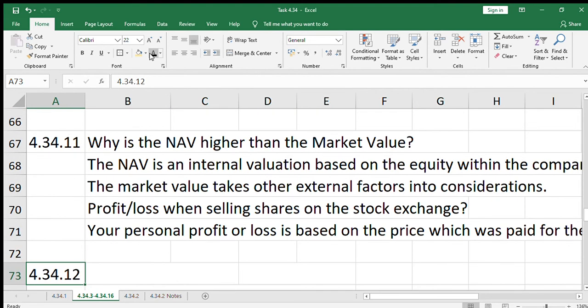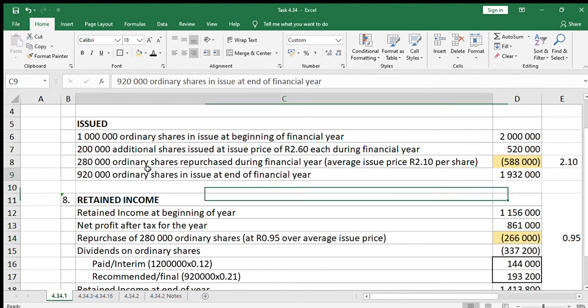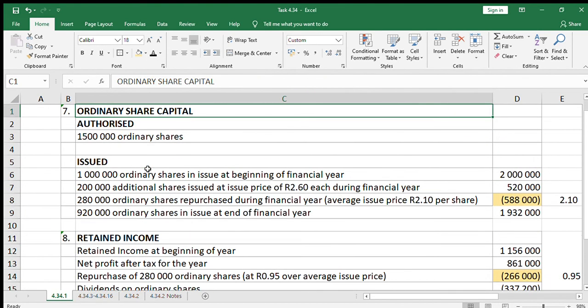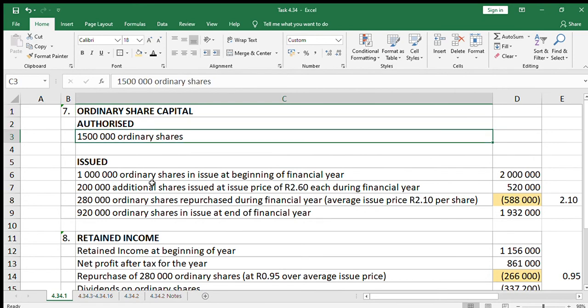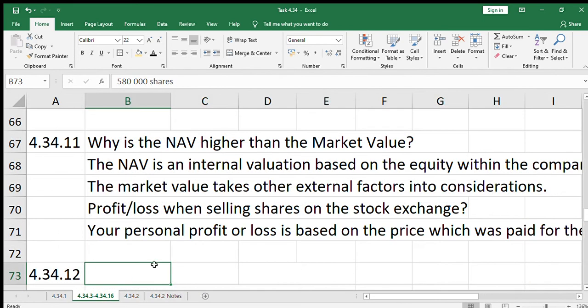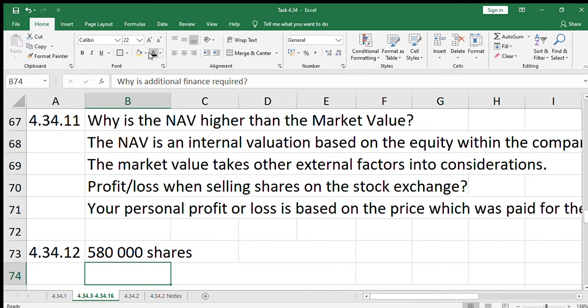So 4.34, at the AGM, the directors announced that they might want to issue all the unissued authorized shares as soon as possible. What questions will be raised at the AGM about this idea? Right, if we look at our ordinary share capital, 920,000 ordinary shares were issued and the authorized shares were 1.5 million. So the directors are thinking of issuing 580,000 shares.